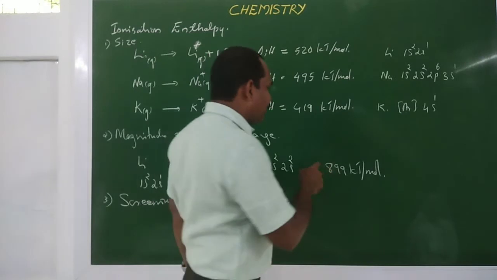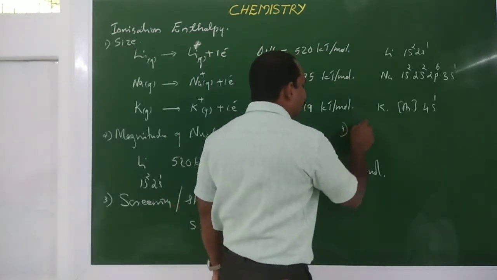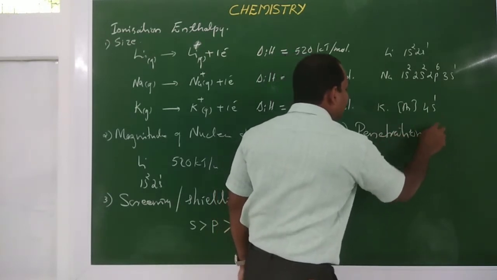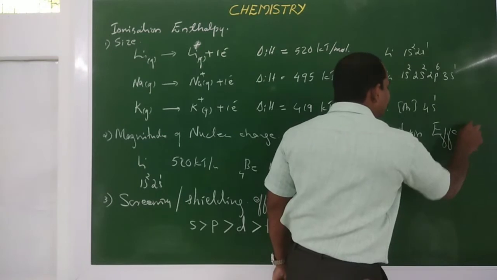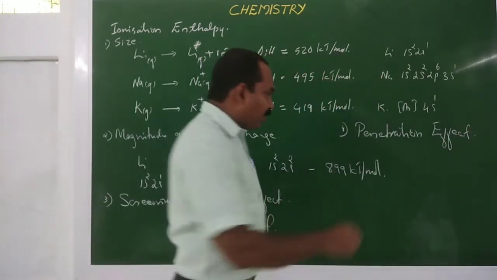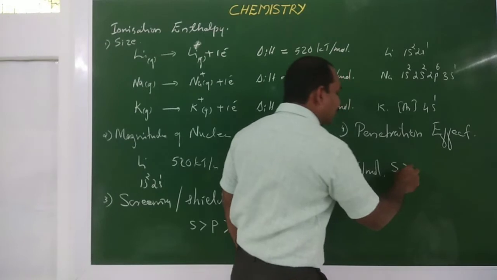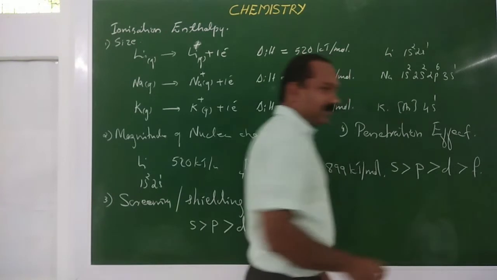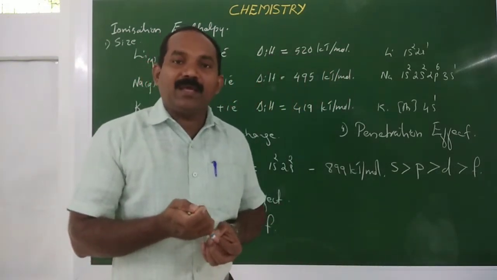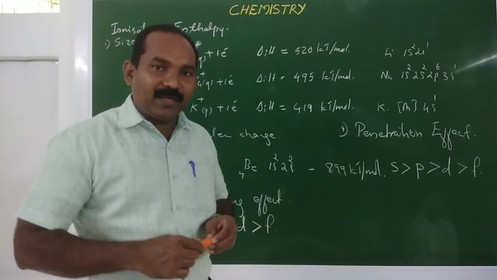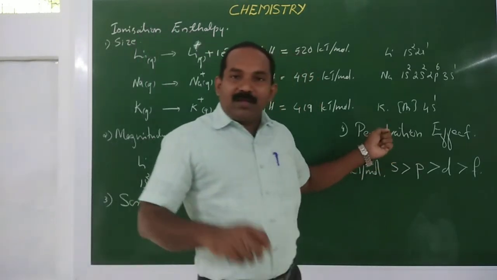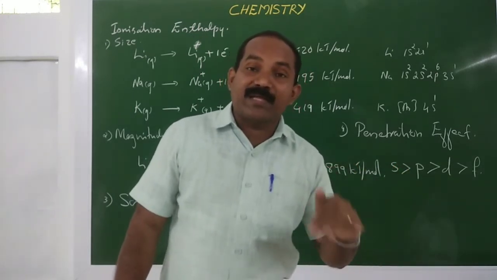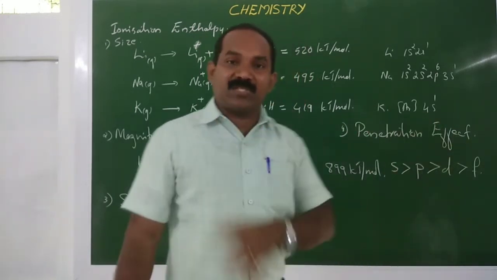And the penetration effect, okay, I write here, the fourth factor is penetration. Okay, penetrating or penetration effects. S orbital has more penetrating effect than the P, than the D, than the F orbital. Are you clear? Yes. Then the removal of an electron from the S orbital is more difficult than from the P orbital in the same shell. Okay.